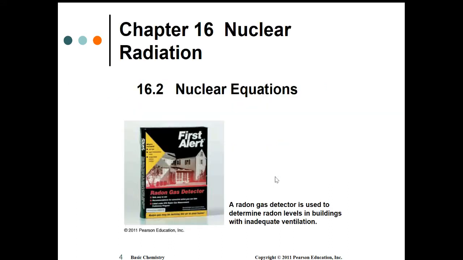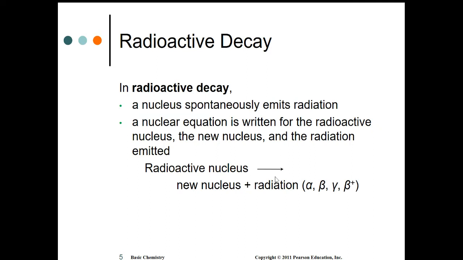All right, so let's go to nuclear equations. In nuclear equations, you will find how the particles decay, like alpha, beta, gamma, and so on. In radioactive decay, a nucleus spontaneously emits radiation.